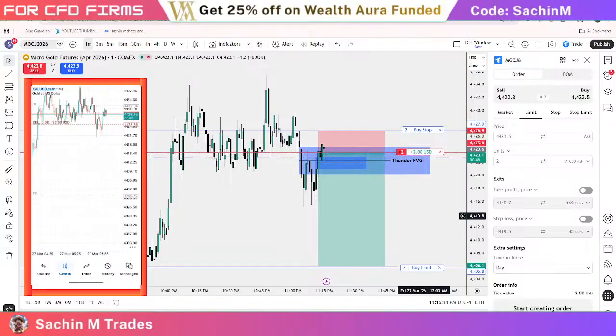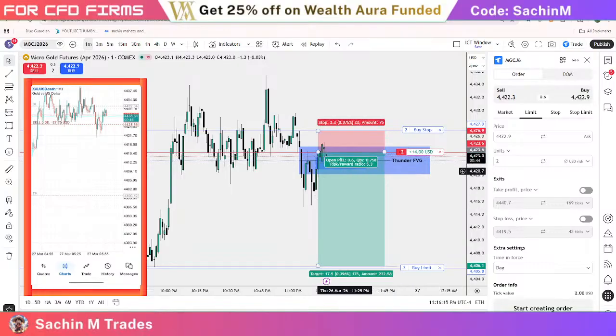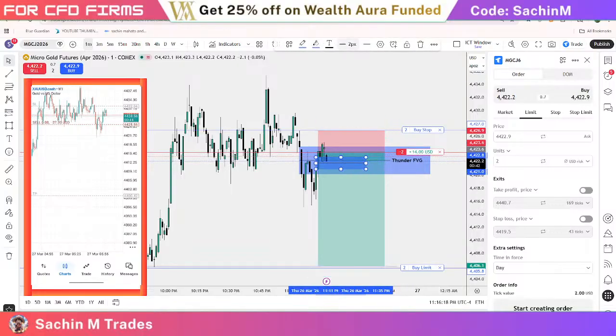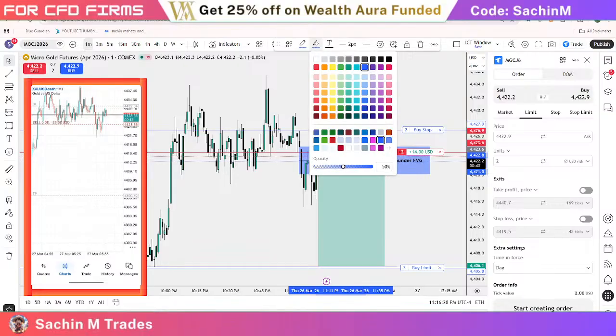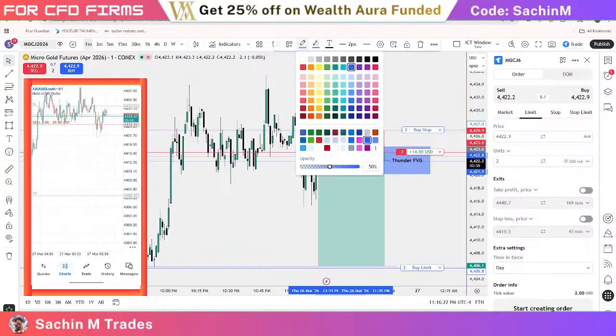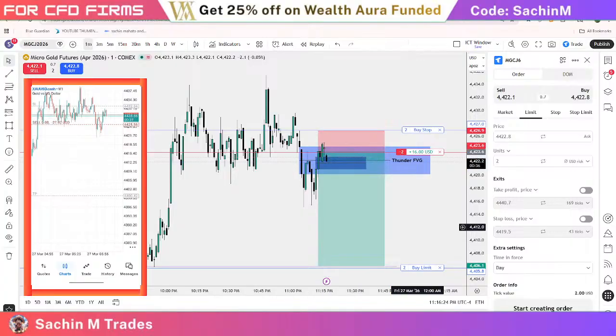We are in the moment of tension and stress. I want the market to invalidate this fair value gap. This Thunder fair value gap is against our bearish Thunder fair value gap. So let's see what happens.